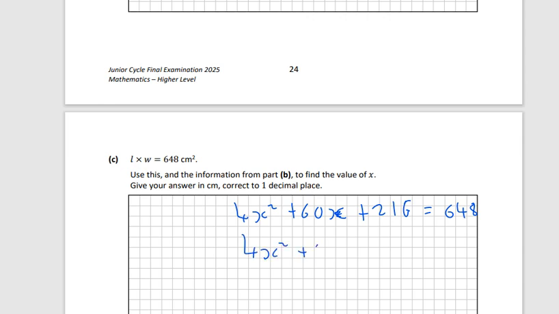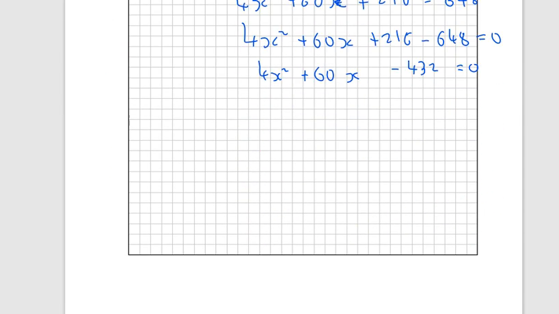4x squared plus 60x plus 216 minus 648 is equal to 0. If we do 216 minus 648, that's minus 432. And then it's the minus b formula from there.